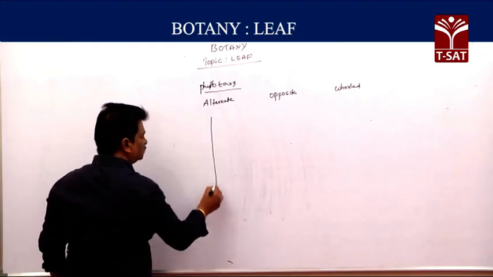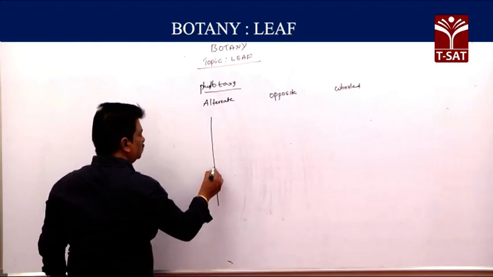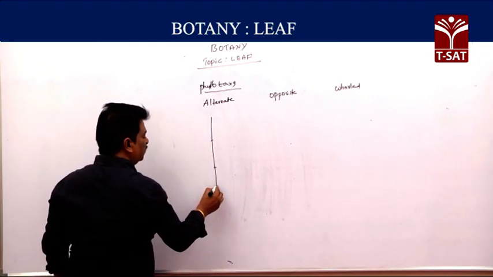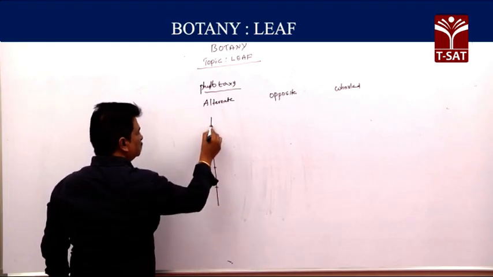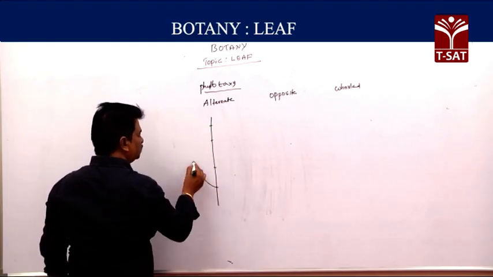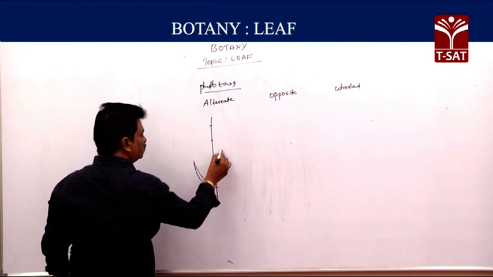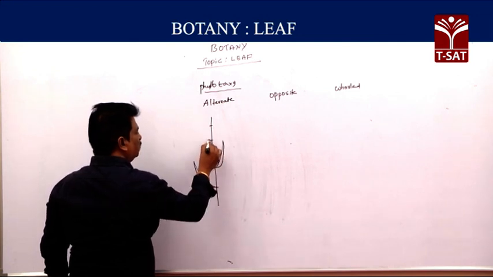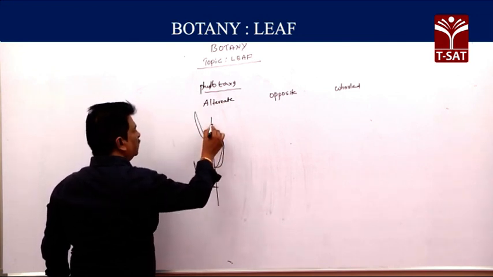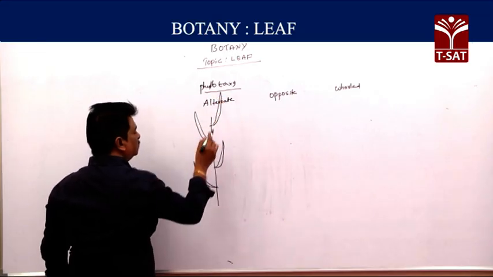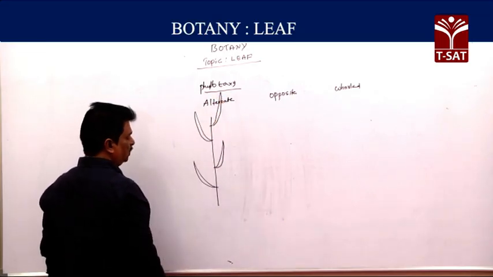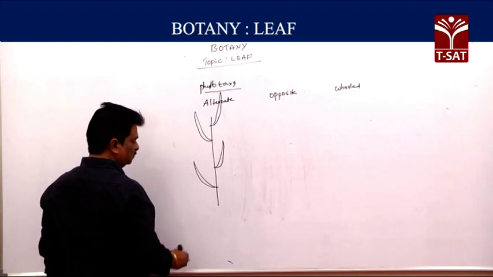Alternate phyllotaxy. At each node, only one leaf is present, and they are alternate to each other. If at each node only one leaf is located and is alternate to each other, it is called alternate phyllotaxy.